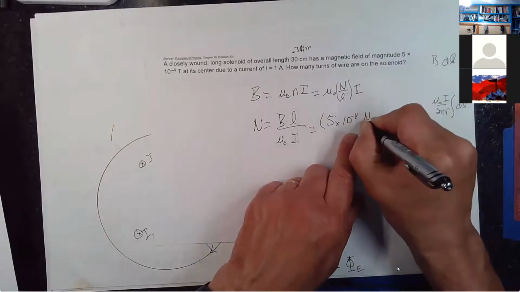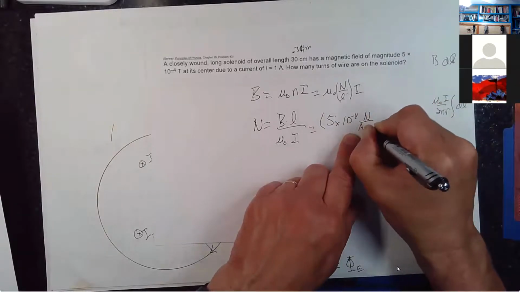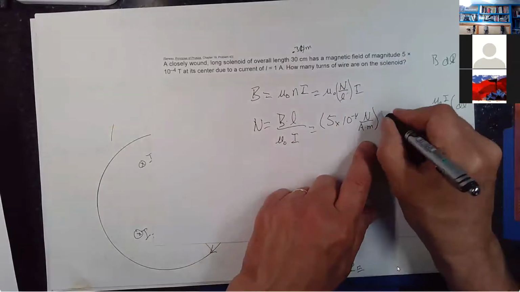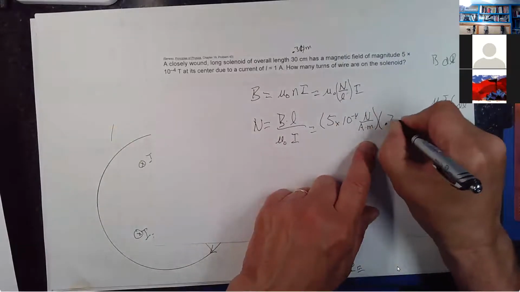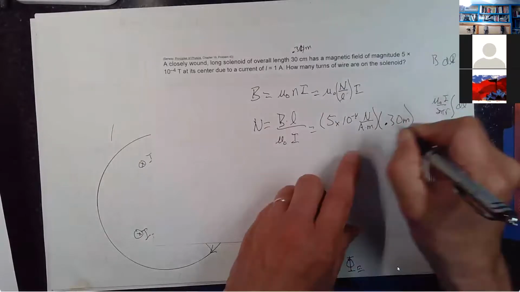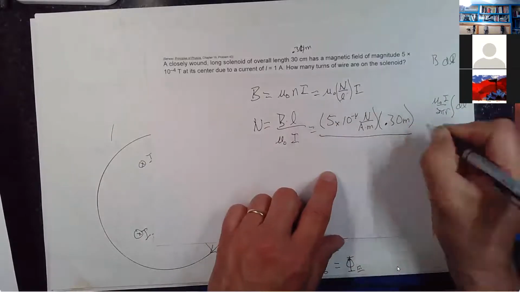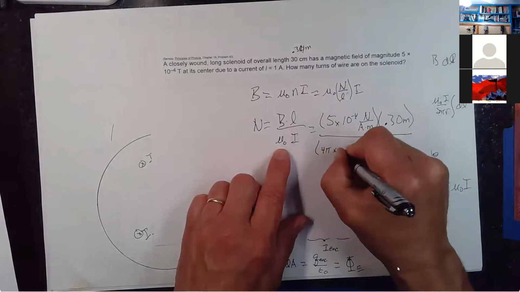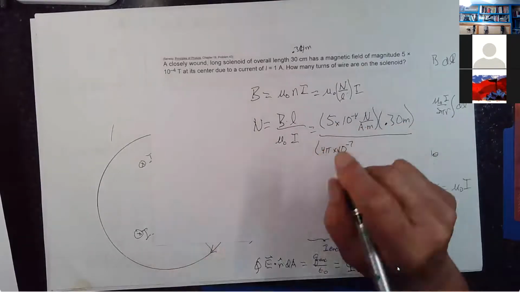A Newton per amp meter. And let me know if I got that wrong. Times L, which is 0.30 meters, divided by 4 pi times 10 to the minus 7th.